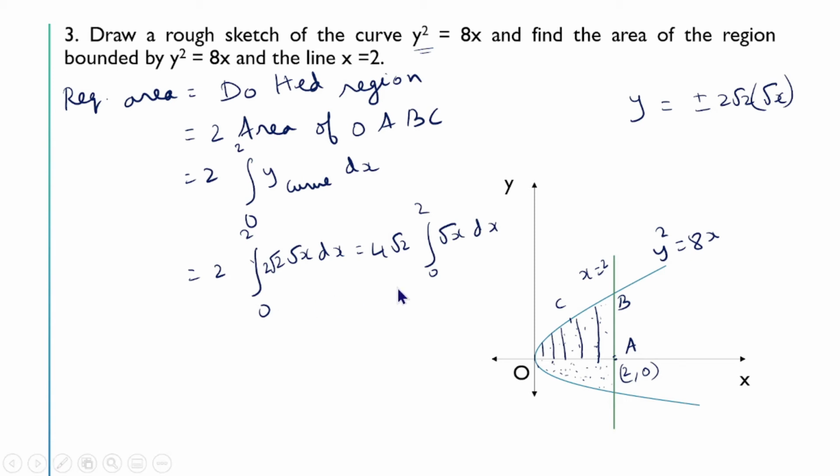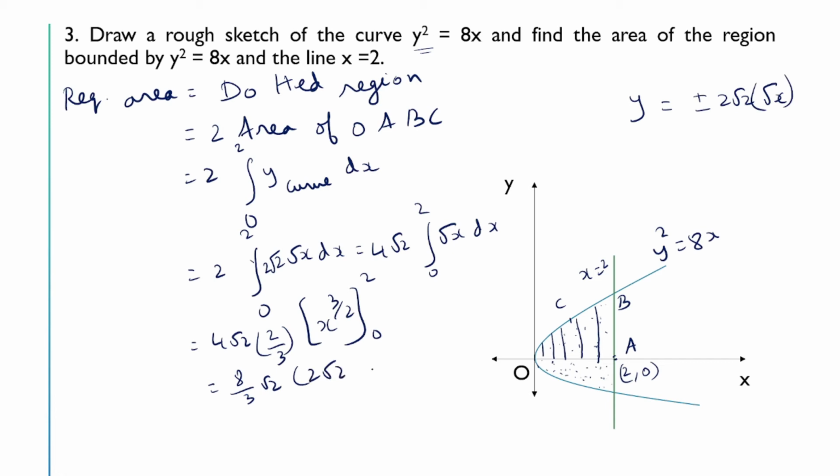Now integral root x dx, we know it is x raised to 3 by 2 by 3 by 2, or it is 4 root 2 into 2 by 3 into x raised to 3 by 2 from 0 to 2. So this is equal to 8 by 3 root 2 into here 2 raised to 3 by 2, it is nothing but 2 root 2, that is the upper limit, minus 0.